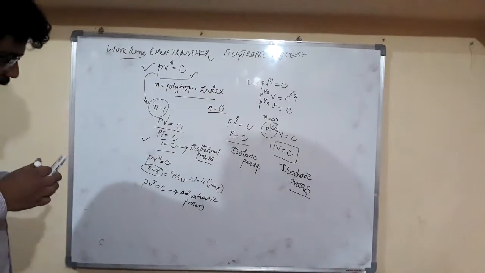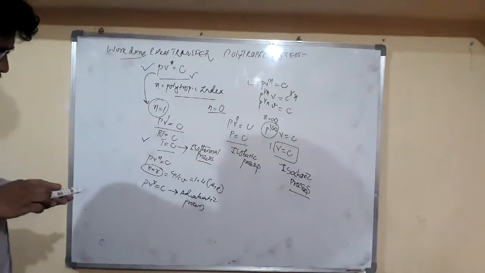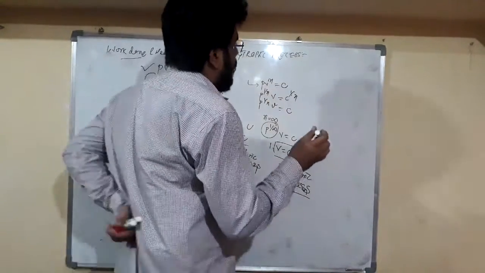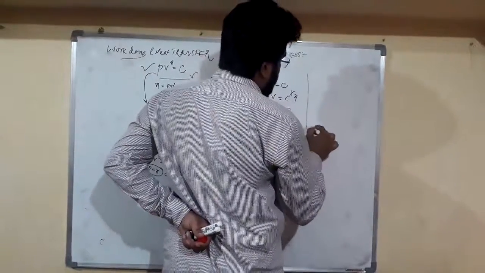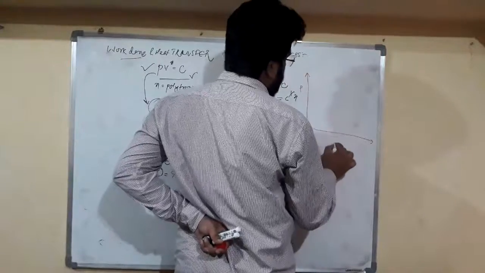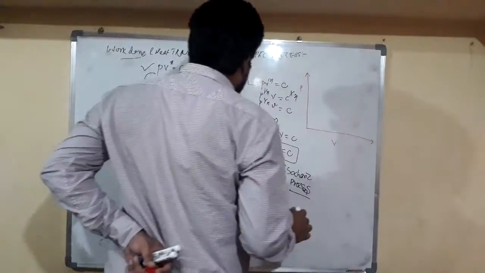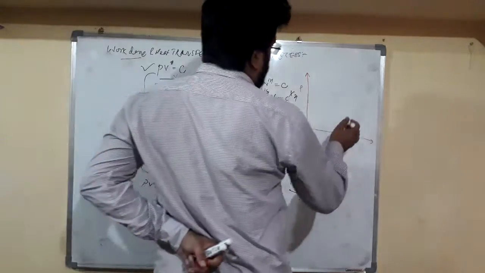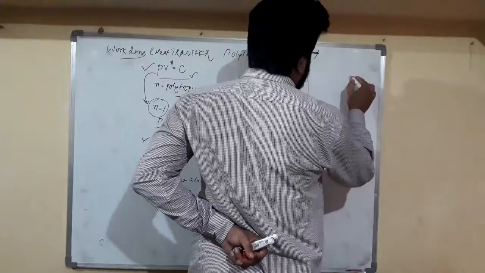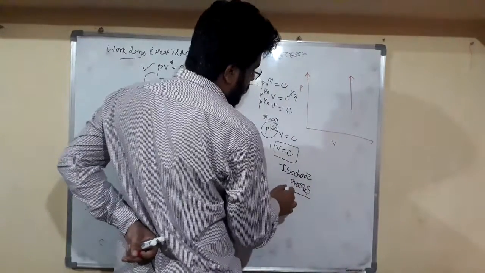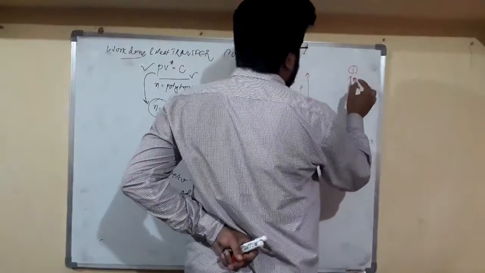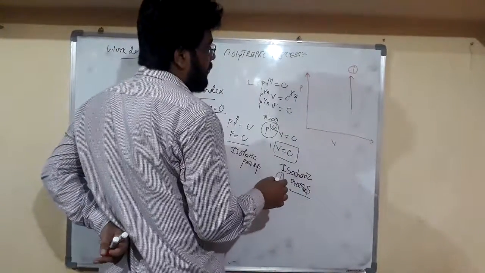Now friends, we will describe our various processes on our PV diagram. So friends, this is our pressure axis and this is our volume axis. Here volume is constant. This is our isochoric process. We are giving it number one.